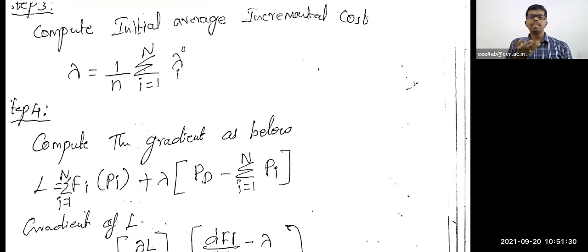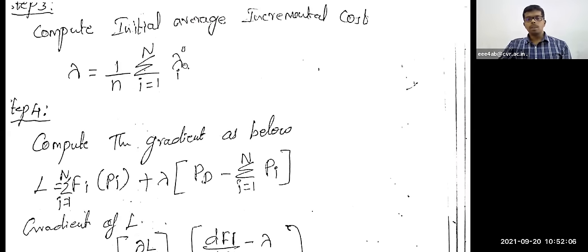Say for n generating units, whatever the value lambda i naught is, divided by n, you need to take it for all the generating units. Don't simply take the first, second or third unit; take all the units participating in that particular dispatch. For example, if 100 generating units participate, n is 100.